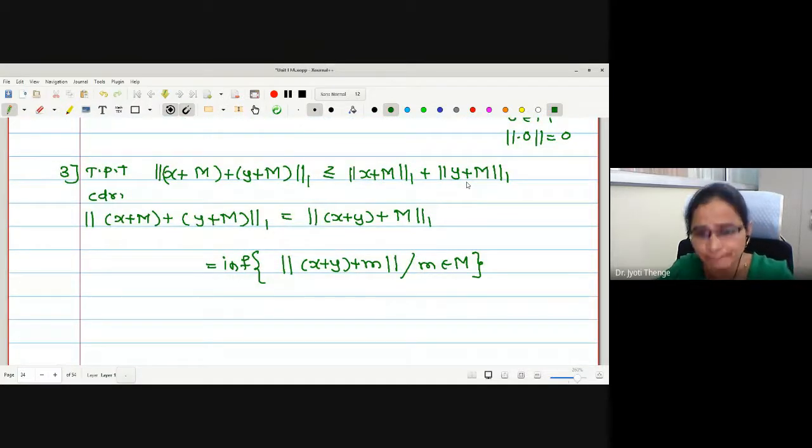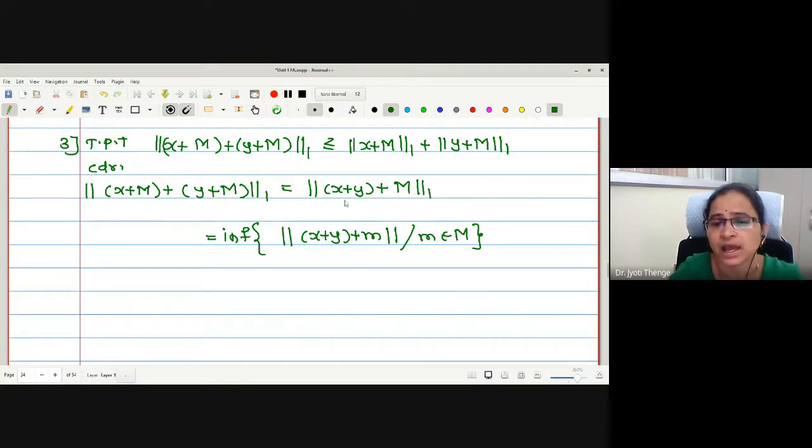Now see what we wanted to adjust on the right side. We wanted to separate norm 1 of x plus M and norm 1 of y plus M. Anyhow, I wanted to separate these infimum values. Just to make the separation, I will write this element m as the addition of two different elements of the capital M set, for the sake of convenience in proving the result.